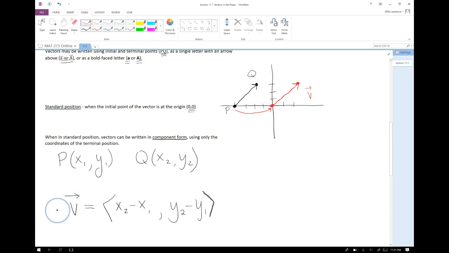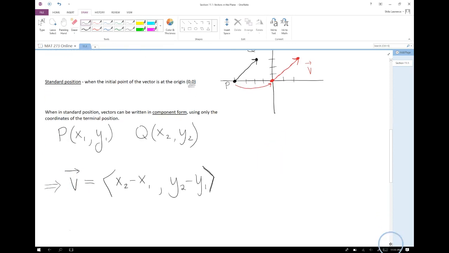This is called component form for a vector, and it tells us a lot of different things about the vector, but for right now it tells us two important things. It tells us that if you see the diamond brackets, they mean vector in standard position.